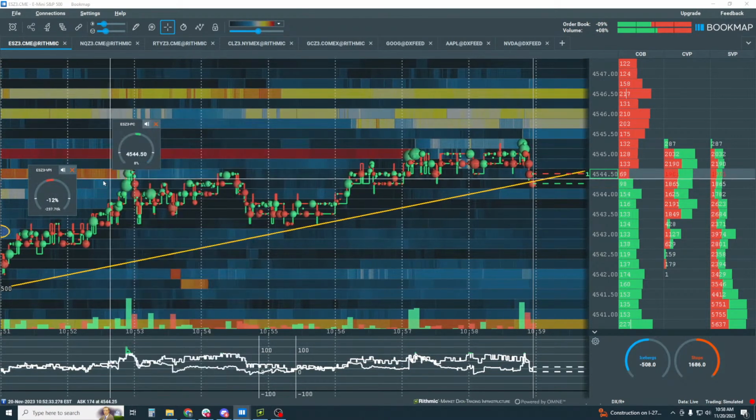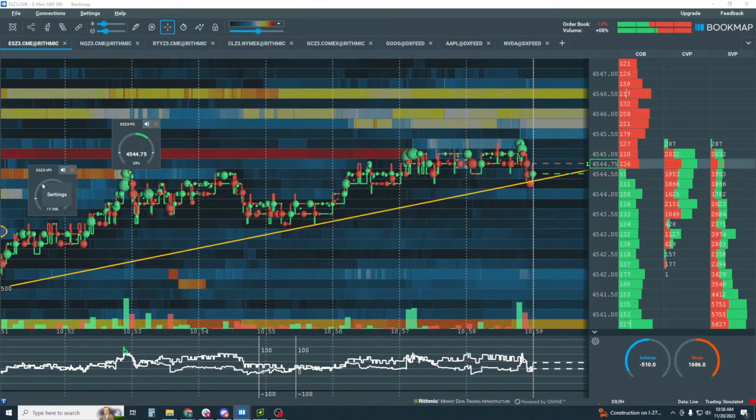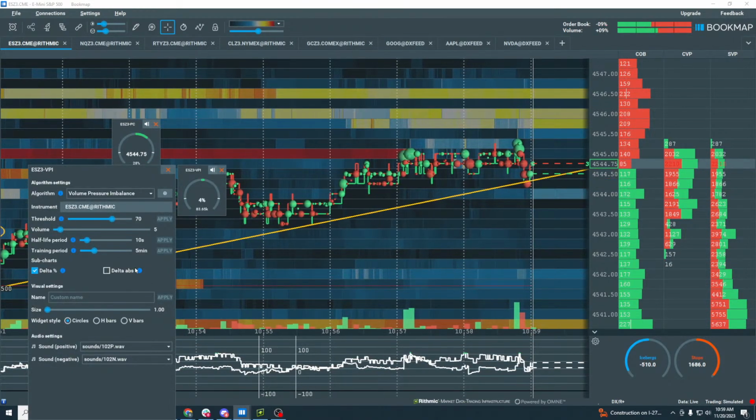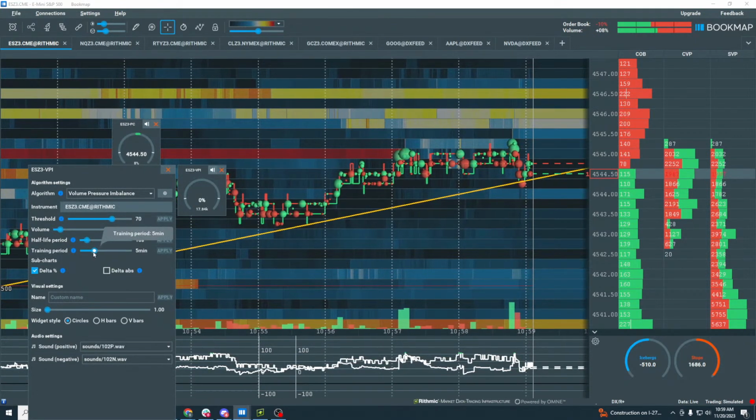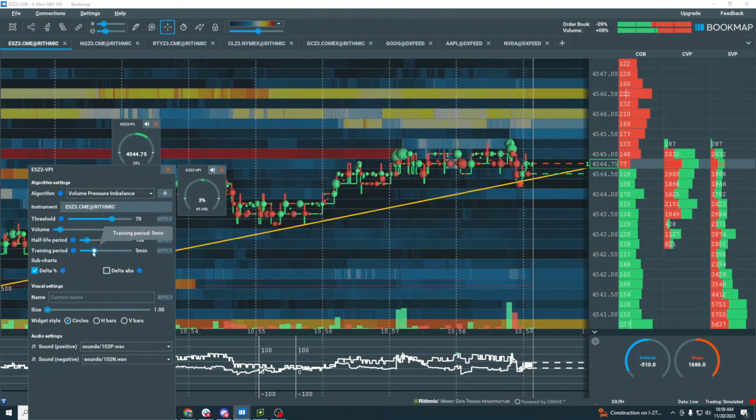No, price change doesn't have it. It's volume pressure. So we have two different settings in here: the half-life period and the training period.